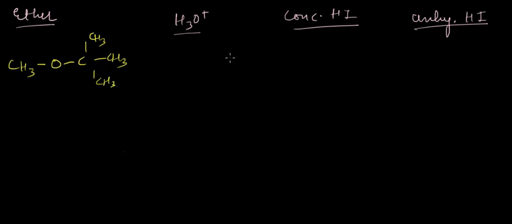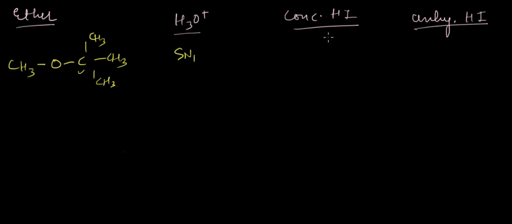With the hydronium ion, what will happen is, as you can see, first H will be attached to this oxygen atom, and then afterwards we can actually have SN1 mechanism, and the carbocation positive charge will come on this carbon atom, which our solvent will then take care of via SN1 mechanism.